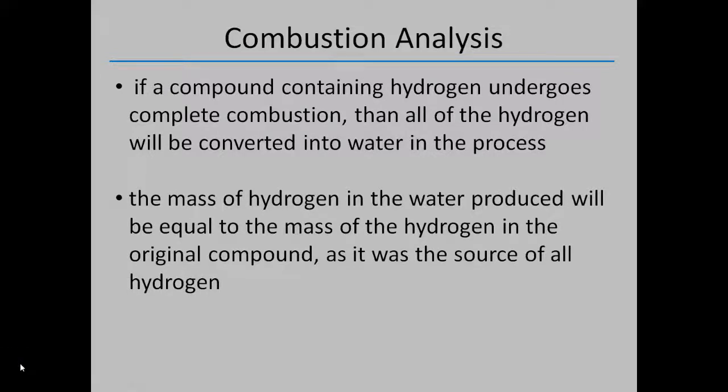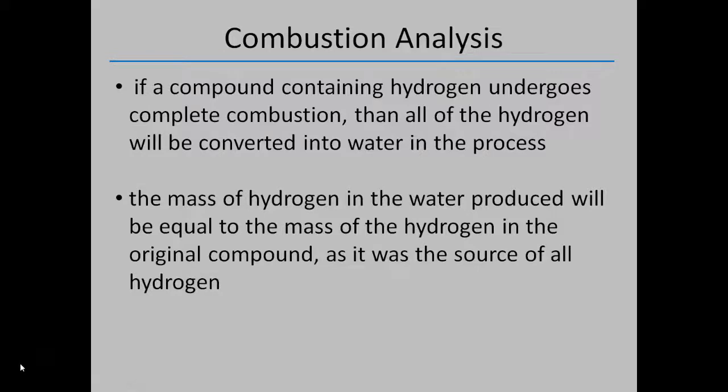Similar to determining the amount of carbon, I can also use my combustion analysis to determine my amount of hydrogen in a compound. Because when a compound containing hydrogen undergoes complete combustion, we know that all of that hydrogen will be converted into water. And so we can use the mass of hydrogen in my water as the mass of hydrogen in my original substance.